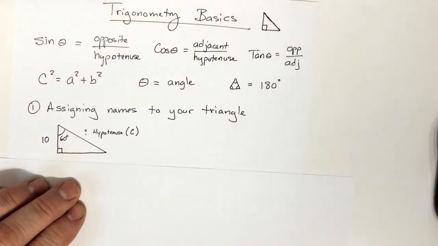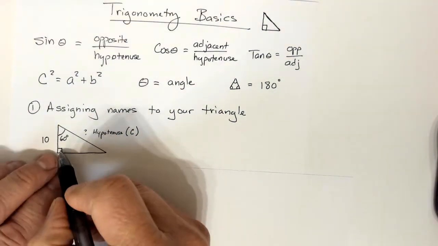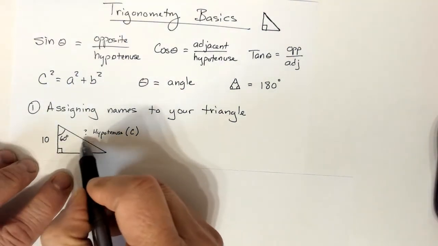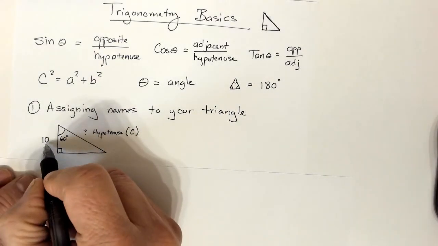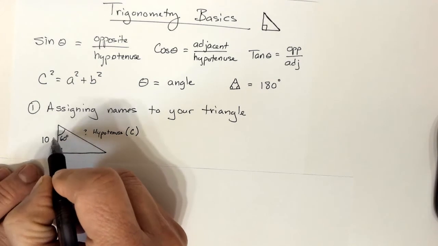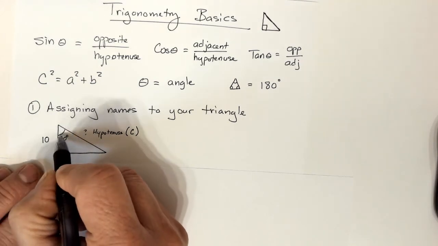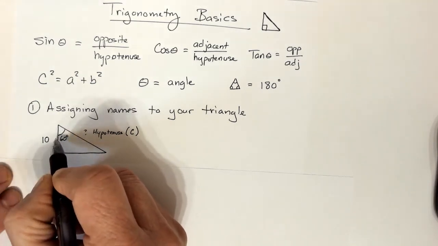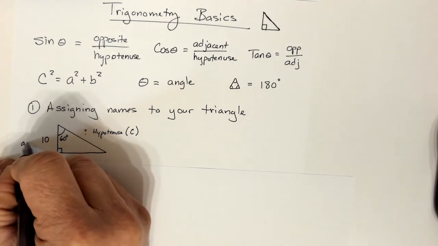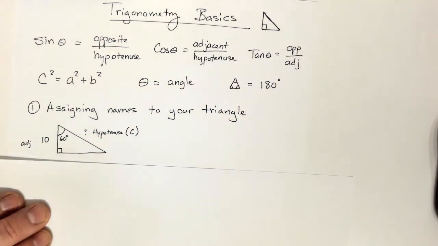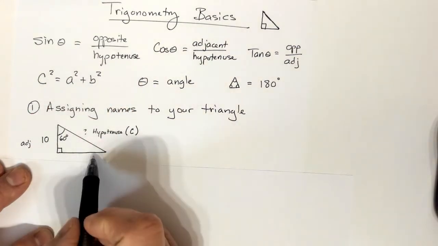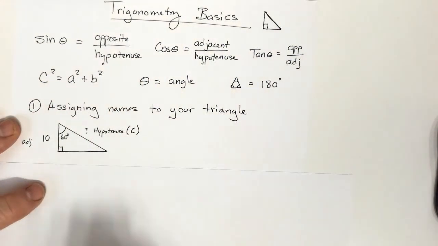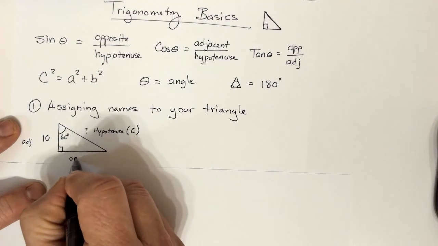The longest side, the one across from the 90 degree angle, is the hypotenuse. If the side you're dealing with touches the angle, that side is called the adjacent. The side that the angle opens up to, which is not the longest side, is called the opposite side.